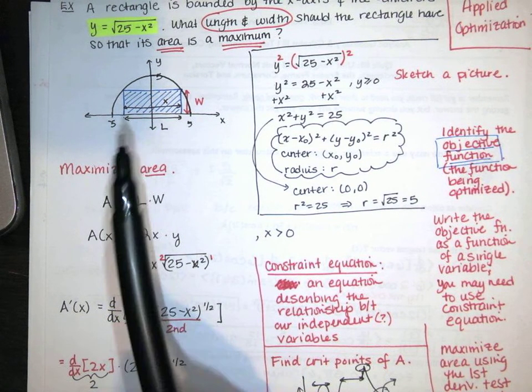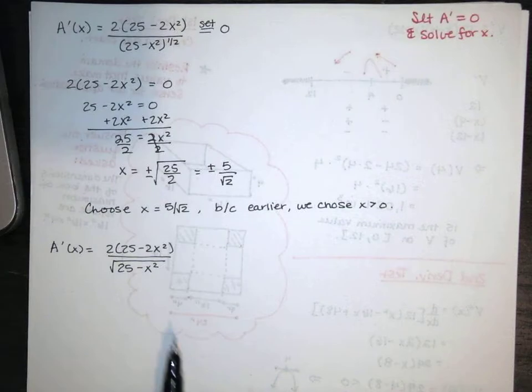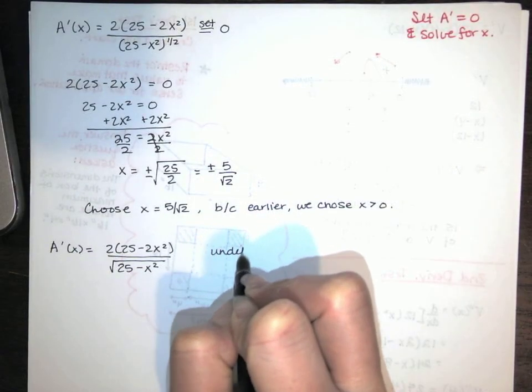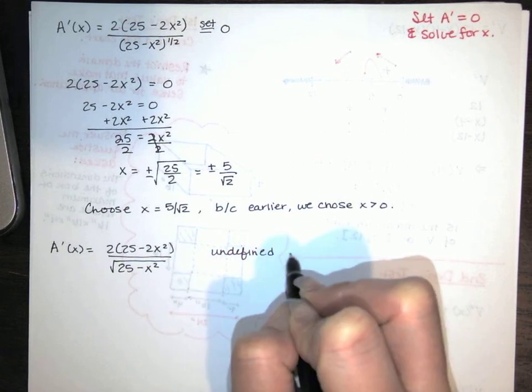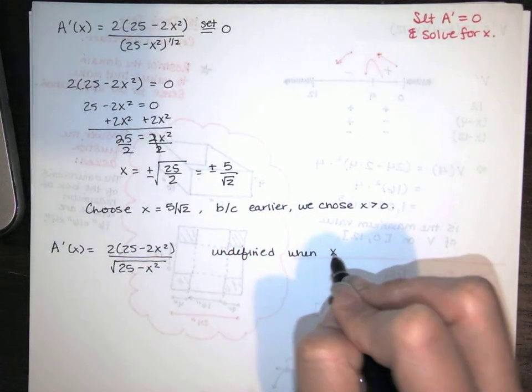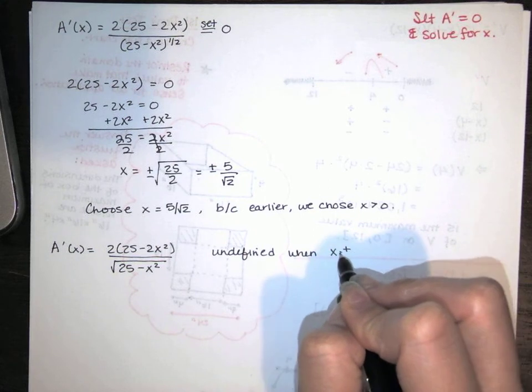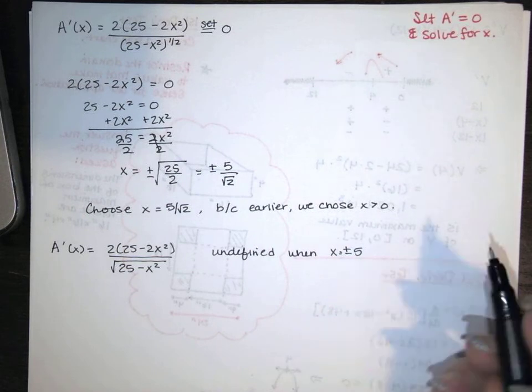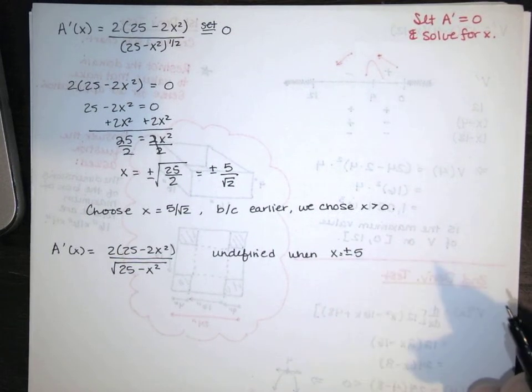So keep that in mind. So a prime is undefined when the denominator is 0, and the denominator is 0 when x equals plus or minus 5. And of course, we've already chosen to require x to be positive, so negative 5 wasn't an option anyway.